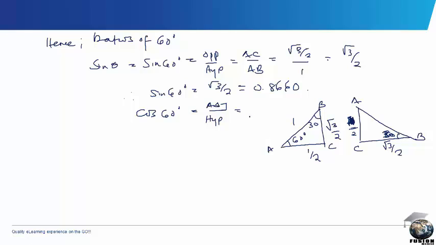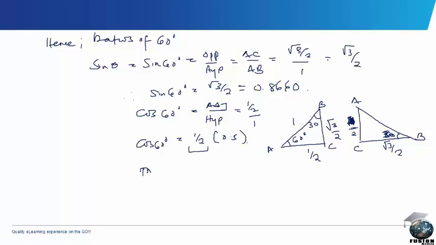And so adjacent over hypotenuse: the adjacent side is 1 over 2, and the hypotenuse is 1, so we can say cos 60 degrees is equal to 1 over 2. And when you punch it into your calculator, you find that cos 60 degrees is the same thing as 0.5, which can be written as the fraction 1 over 2.